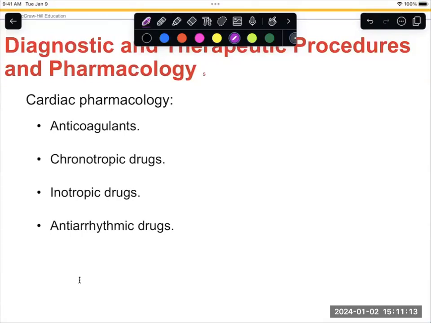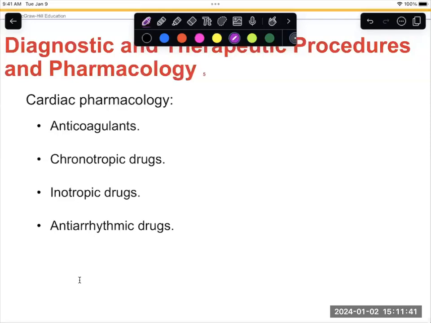Positive chronotropic drugs like epinephrine or adrenaline, norepinephrine, and atropine are going to increase the heart rate. We also have negative chronotropic drugs, such as quinidine, procainamide, and lidocaine. These are going to slow the heart rate.